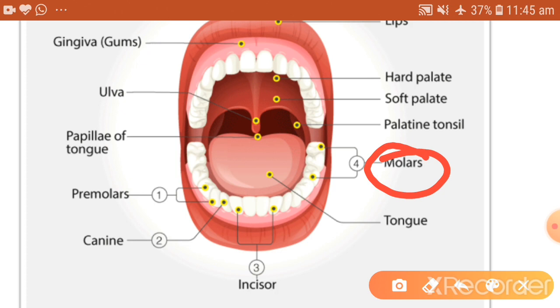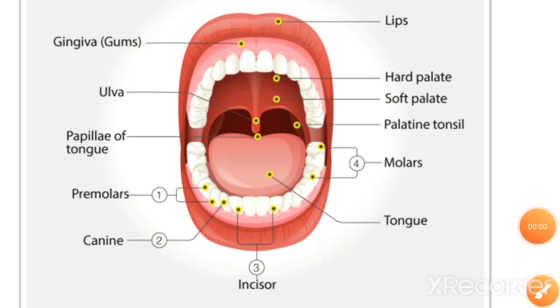They have broad uneven surfaces, and they are meant for finer crushing and grinding of ingested food. You ingest food, that is known as ingestion, and you chew, crush and grind. You make it into finer particles with the help of molars. These four different types of teeth, you have to remember the names as well as their functions.